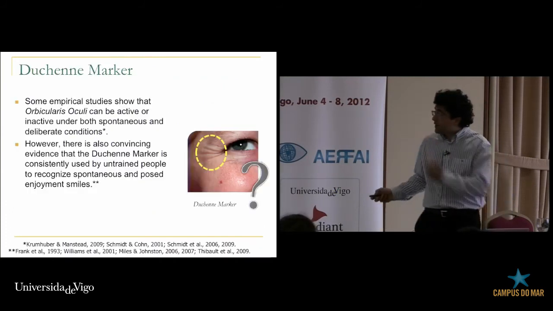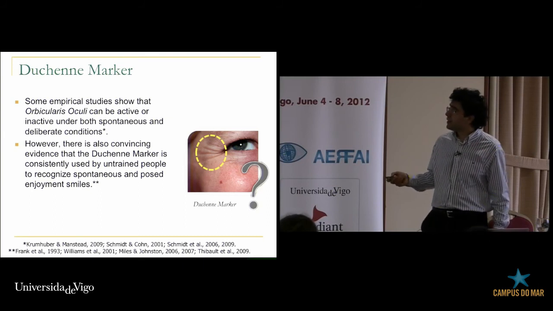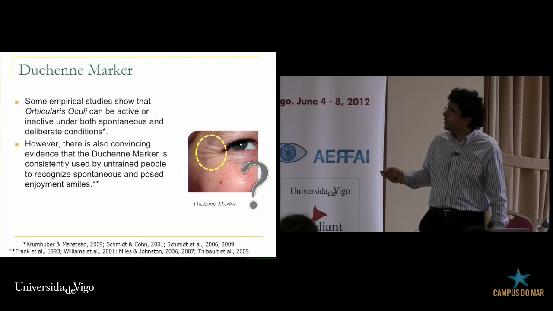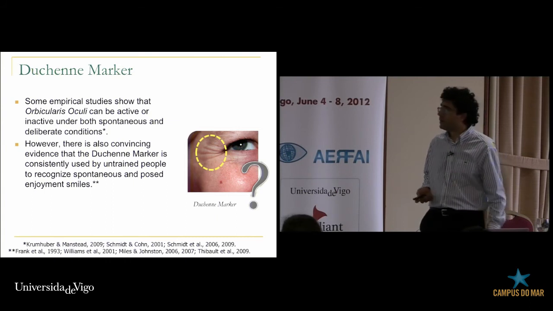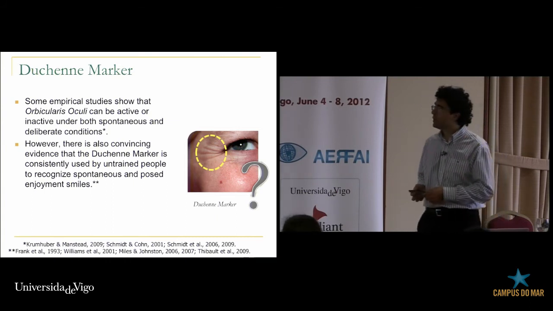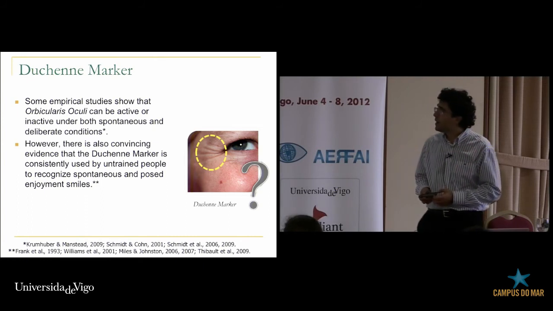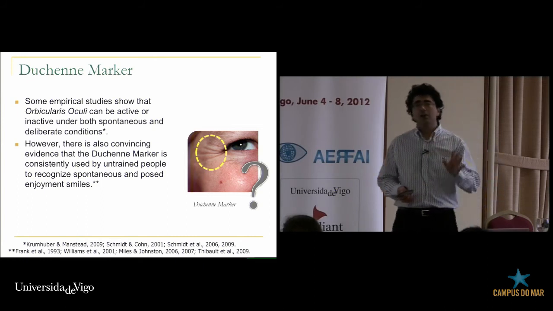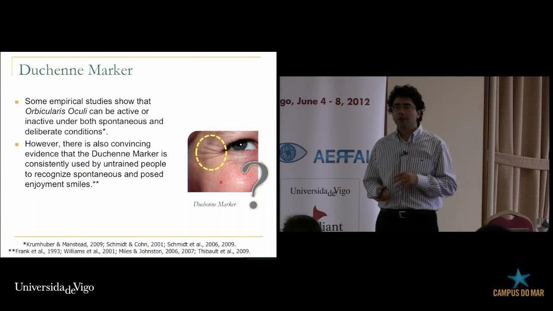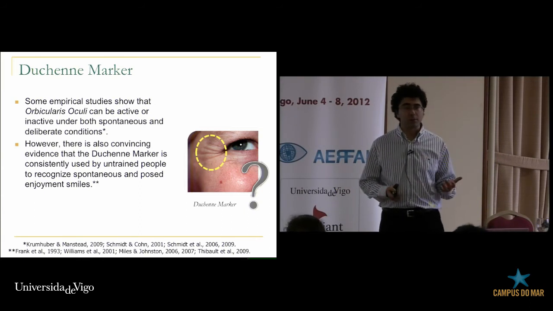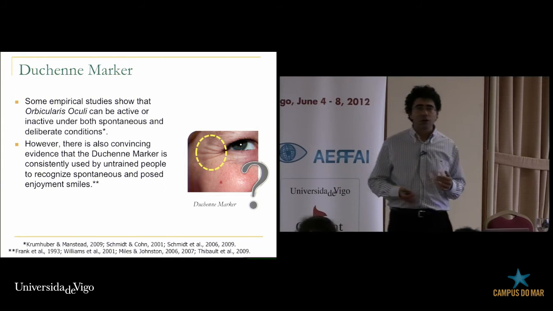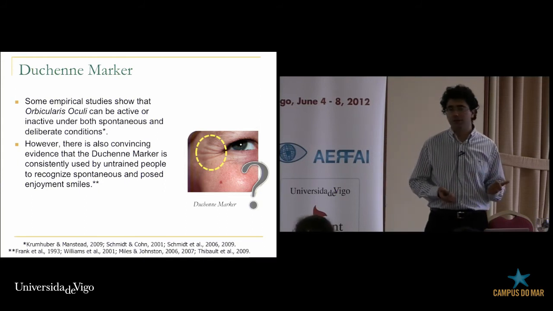There is recently also convincing evidence that this Duchenne marker, this crow's feet, is consistently used by untrained people to recognize spontaneous enjoyment smiles versus the posed smiles, but it's not 100% reliable. People can do posed smiles with this muscle, or people can smile genuinely without this muscle.